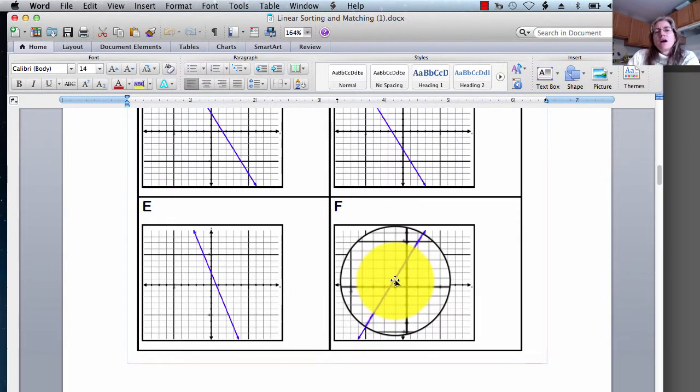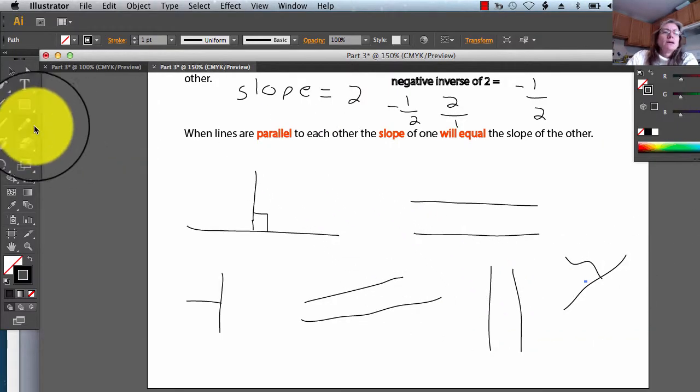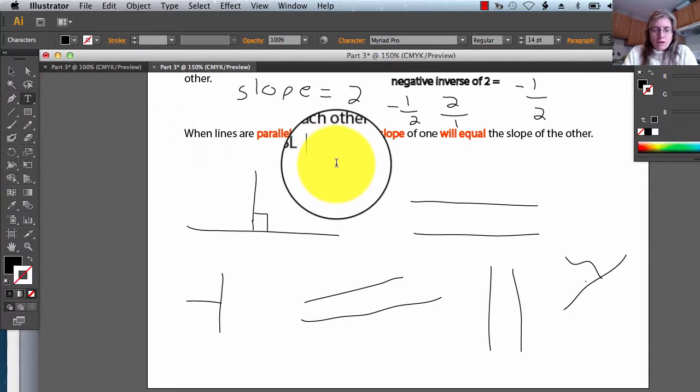So the slope of graph F equals, so you have the rise over the run.